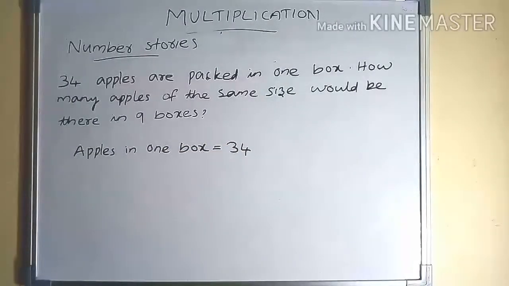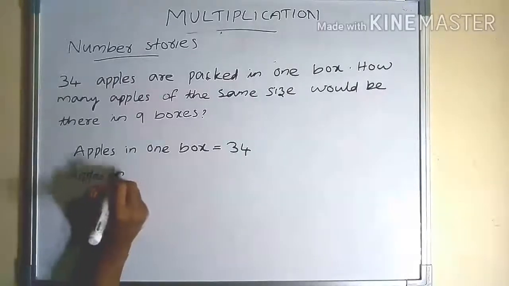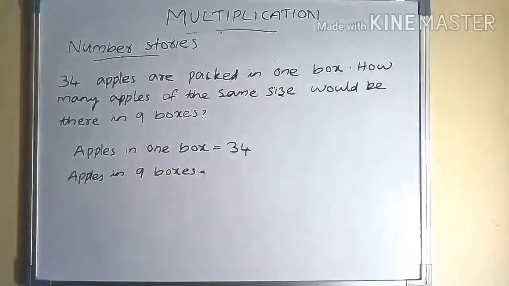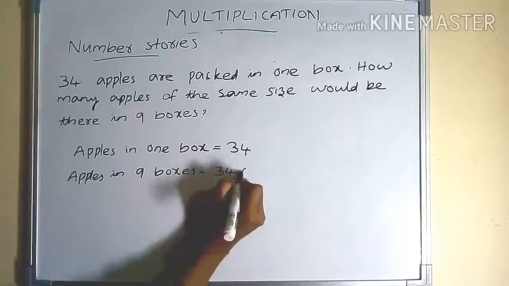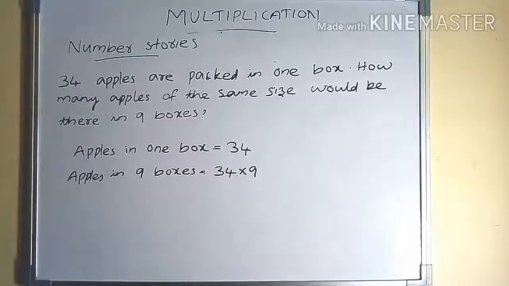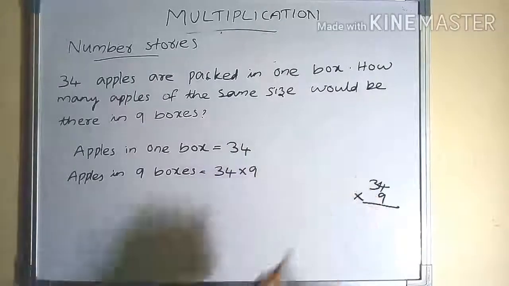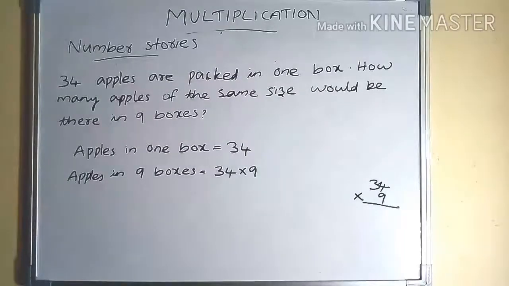So, apples in 9 boxes is equal to, in this question, we know that apples in one box is equal to 34. So, you can write apples in 9 boxes is equal to 34 into 9. Just multiply those two numbers. 4 into 9, what is the answer? 4 into 9? 36.